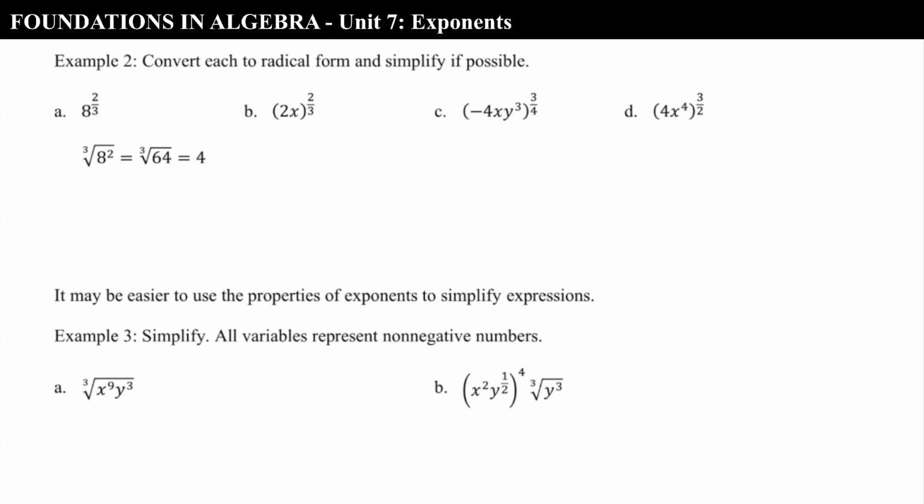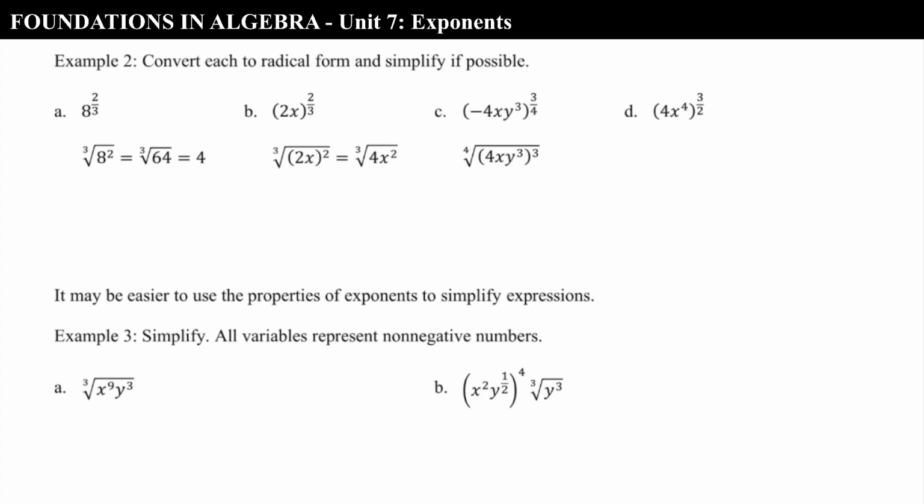For b, 2x to the 2/3, we can rewrite that as the cube root of (2x) quantity squared. You've got to put the parentheses around. Then 2x squared gives us 4x squared, and that simplifies it.